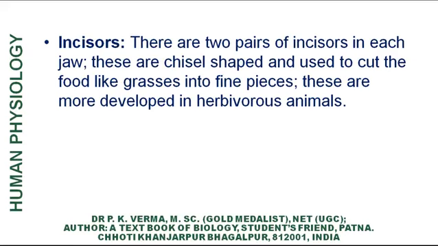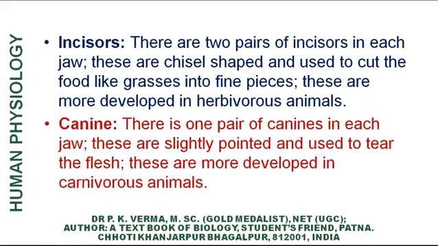These are more developed in herbivorous animals. Canines are one pair in each jaw. These are slightly pointed and used to tear the flesh. These are more developed in carnivorous animals.